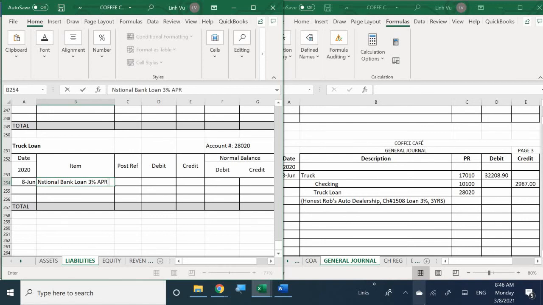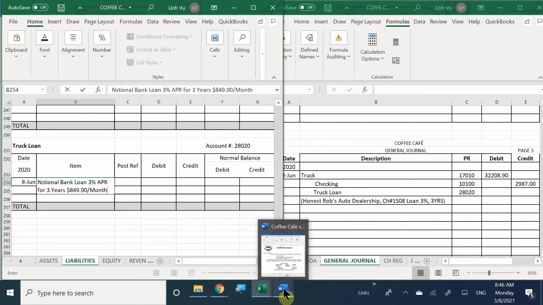For 3 years. And then you can even enter in here the monthly payment, $849.90 per month. I'm going to double confirm those numbers.